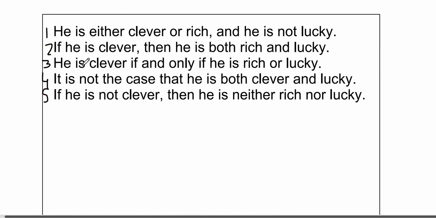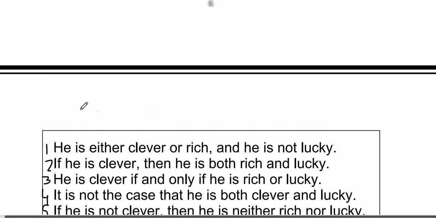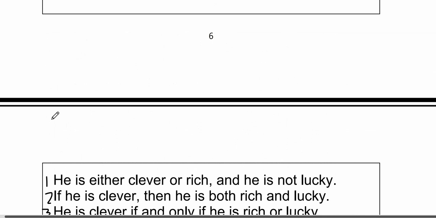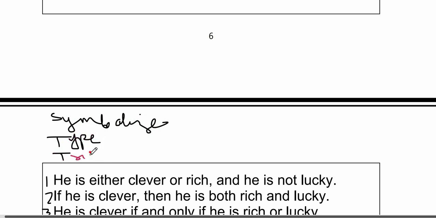First we'll symbolize it, then we'll determine the dominant connective, which gives the type of proposition, and then we'll create the truth table.